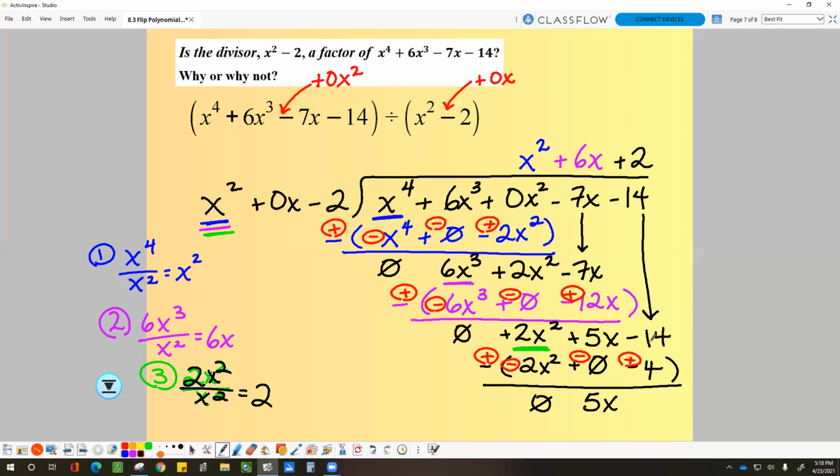Negative 14 plus 4 is minus 10. I don't have anything else to bring down. Since I lined up my quotient with the degrees of the dividend, I can see that there's nothing else to divide. So this is my remainder.